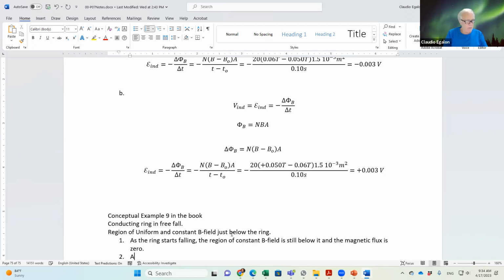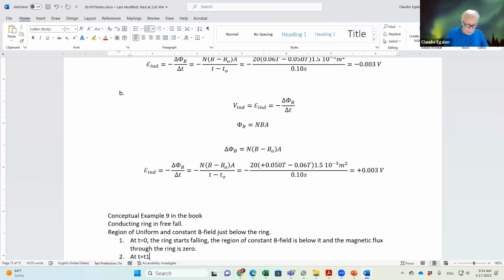Okay. 2, at t equal to 0, the ring starts falling. The region of constant B field is below the ring, and the magnetic flux through the ring is 0.